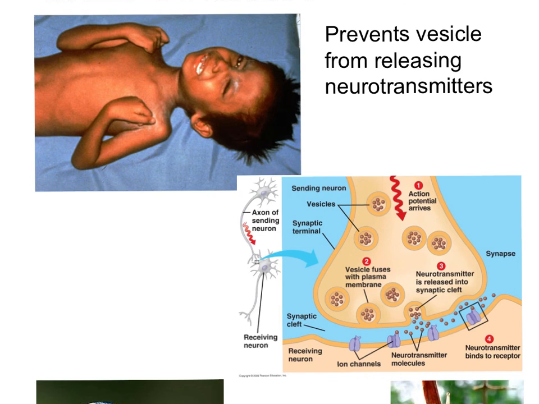That's especially bad if you're thinking of a muscle like your diaphragm or your heart that controls normal body functioning. But in tetanus, what we have is that the vesicle is not releasing the neurotransmitter. So here we have an example where if there is no neurotransmitter, the neighboring neurons will not respond.